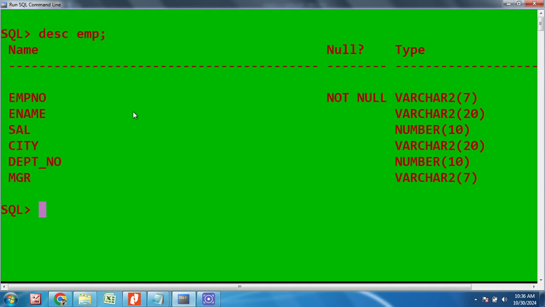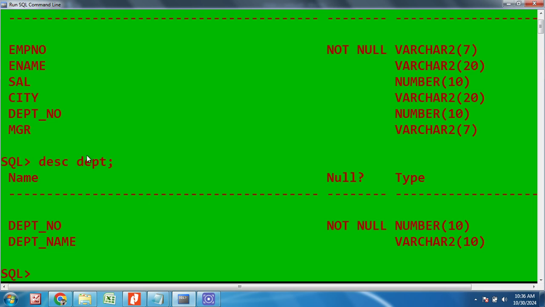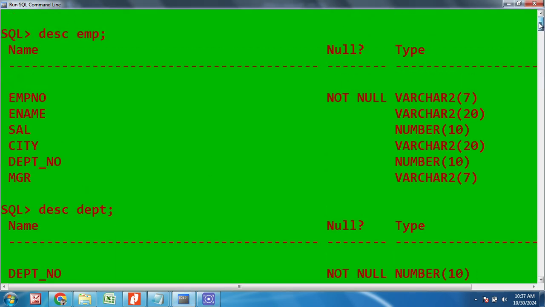When we see DEPT, this is the description of the department table, where we have department number as primary key and DEPT name as varchar2. In both tables, EMP and DEPT, we have a common column called DEPT number.